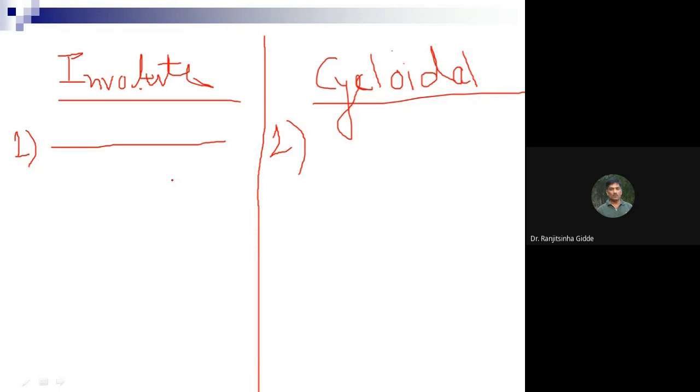The profile of involute gears. Everybody should write: the profile of involute gears is single curvature, which is involute.